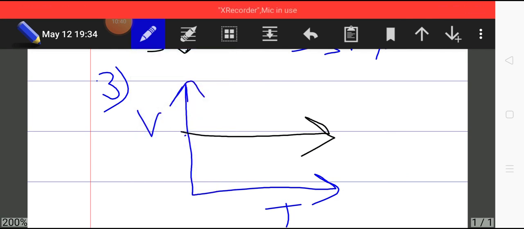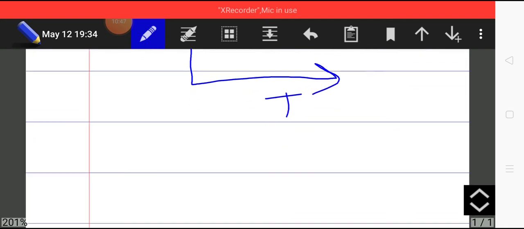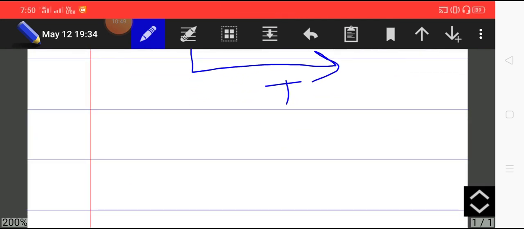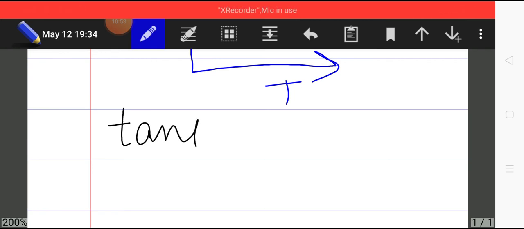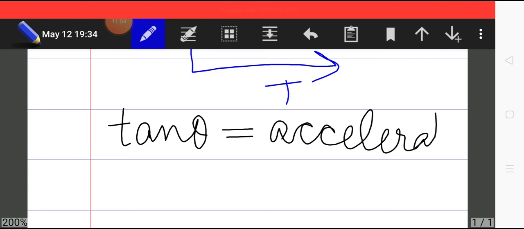Like we discussed in position time, theta for this graph is equal to 0, and the slope will become tangent theta. So slope in a position time graph was giving us velocity, but slope in a velocity time graph will give us acceleration, and that is very important, you do not forget this.